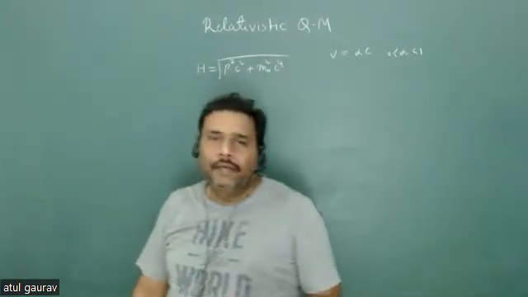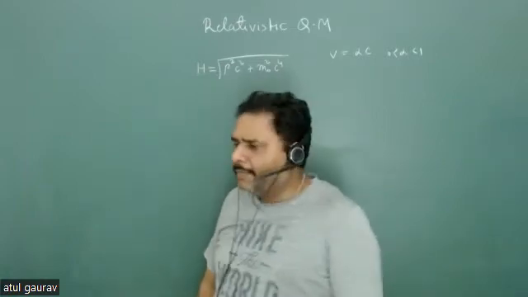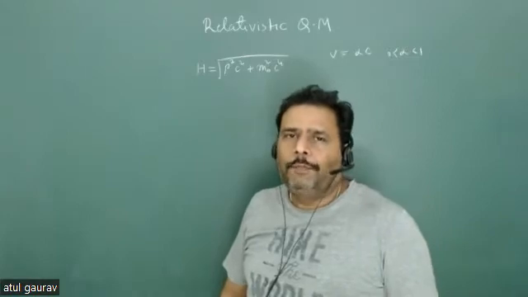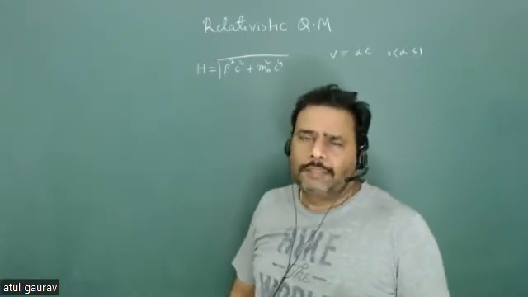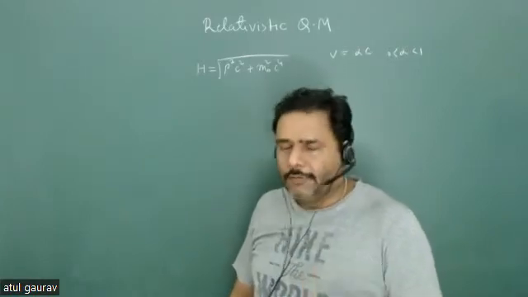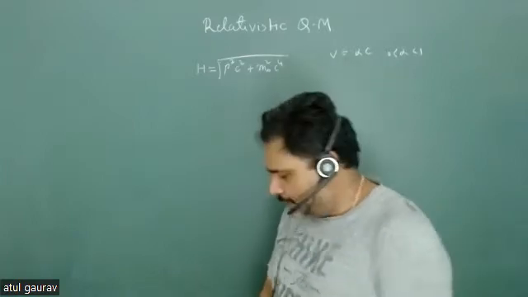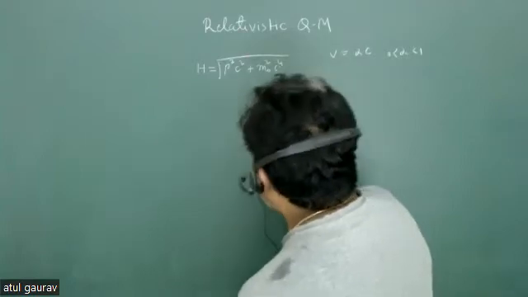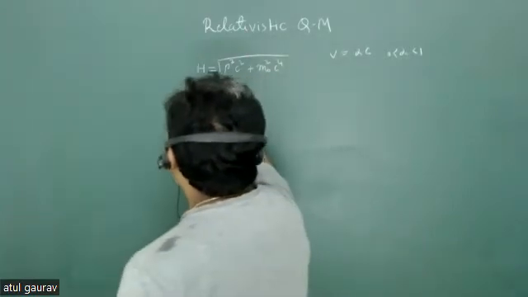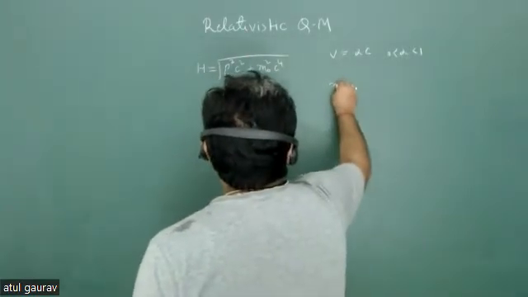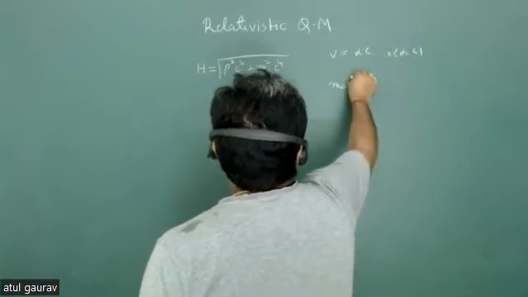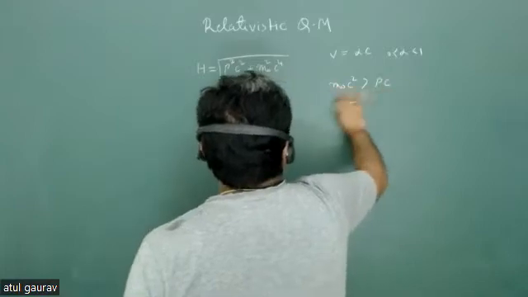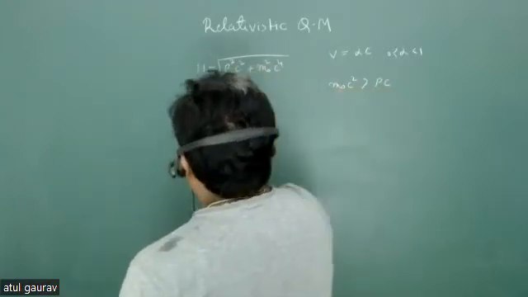We have already learned that this type of Hamiltonian we can solve by using Taylor expansion. We did this just a few days ago, isn't it? Do you remember? Yes, sir. What conclusion did we draw? We drew the conclusion that m naught c square is greater than p into c. After drawing this conclusion, we took the Taylor expansion.